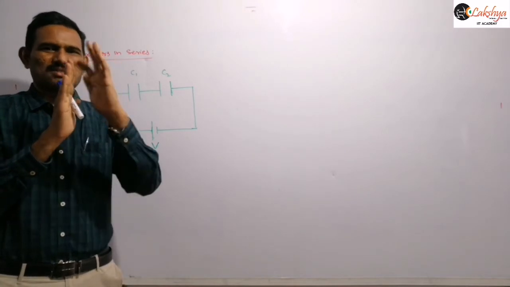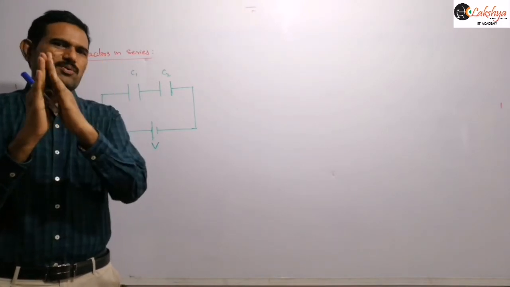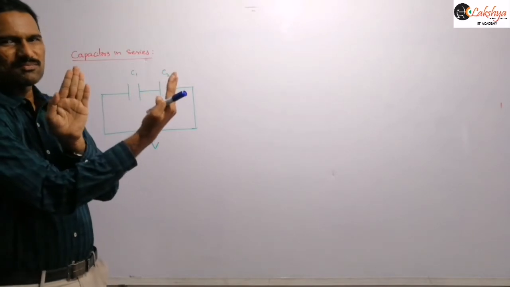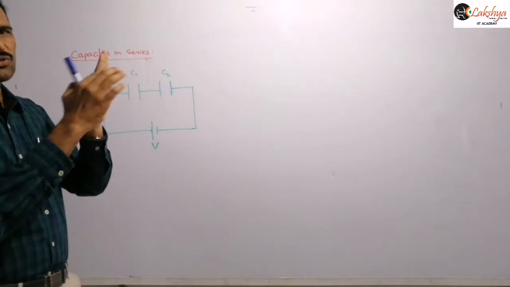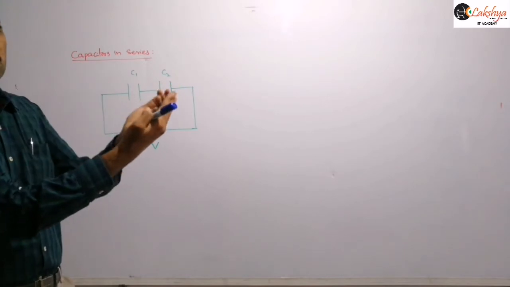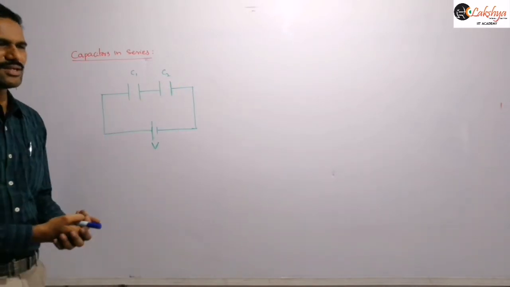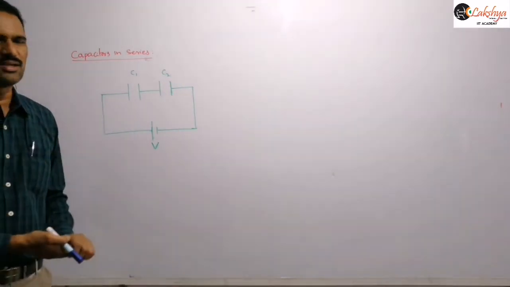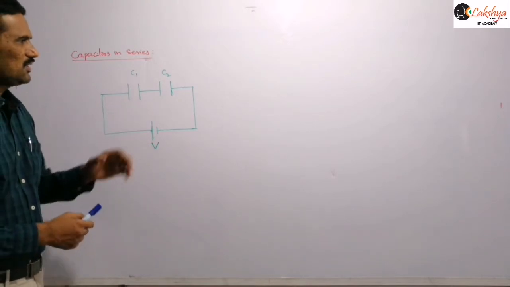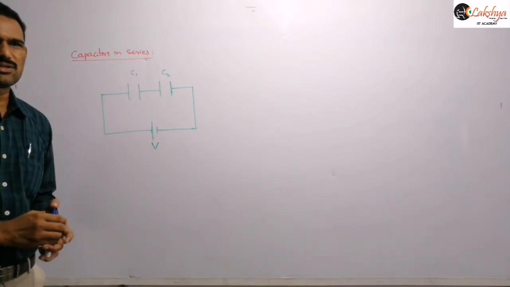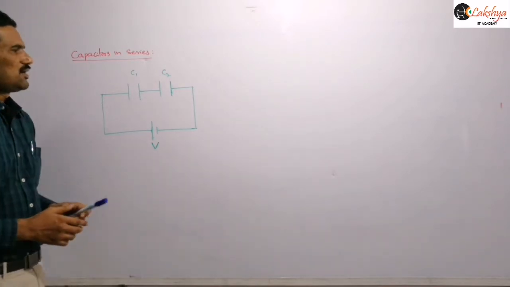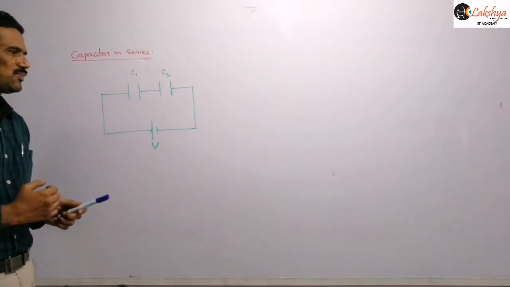If you connect this plate to the positive terminal and the other plate to the negative terminal, then this plate will get the positive and the other plate will get the negative charge. Whichever plate you connect to the positive terminal will get the positive charge. So just to mention a definition up to that: when the same charge is stored on the capacitors, they are said to be in series. Otherwise you may get confusion about the negative and positive plates there.